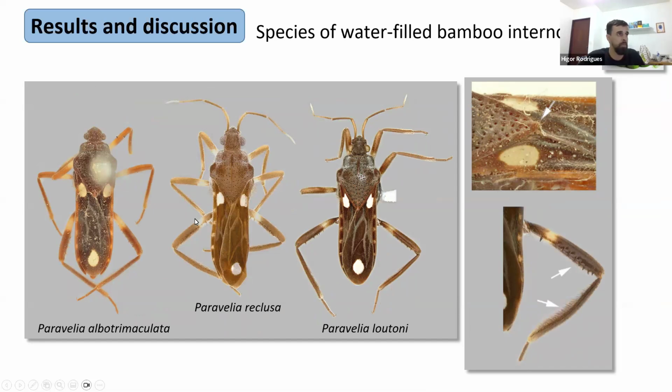You can see the spot on the forewing, the shape of the body, and also these species share a small projection on the posterior margin of the pronotum, a row of robust spines on the hind femur, and a fringe of setae on the hind tibia. And this feature is probably present only in males.